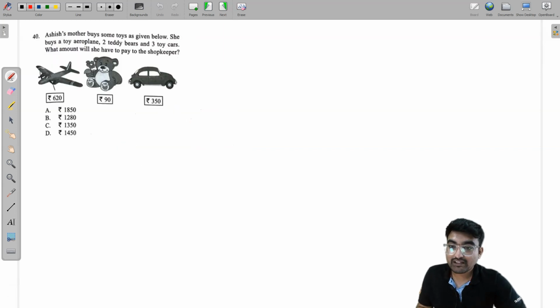Ashish's mother buys some toys as given below. She buys a toy airplane, 2 teddy bears and 3 toy cars. What amount will she have to pay to the shopkeeper? Now she bought a toy aeroplane. So the value of the aeroplane is 620 rupees. She bought 2 teddy bears.